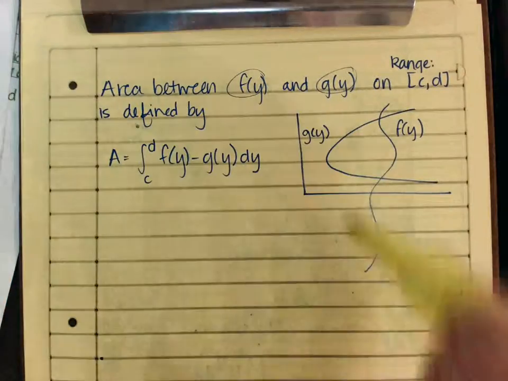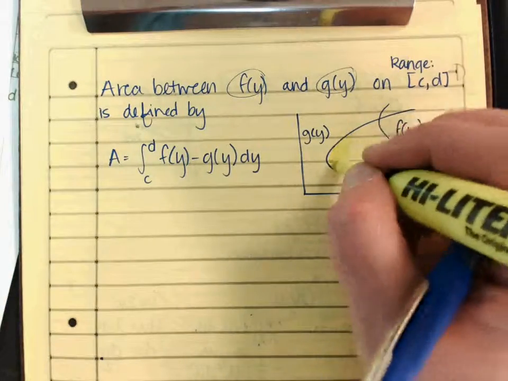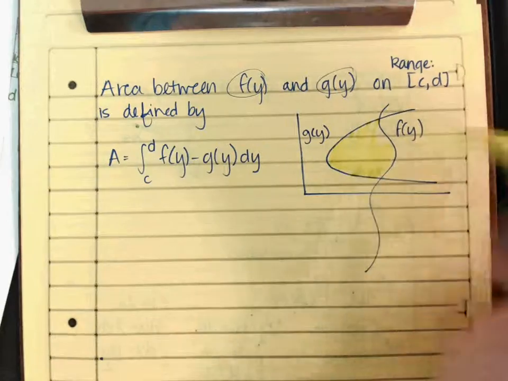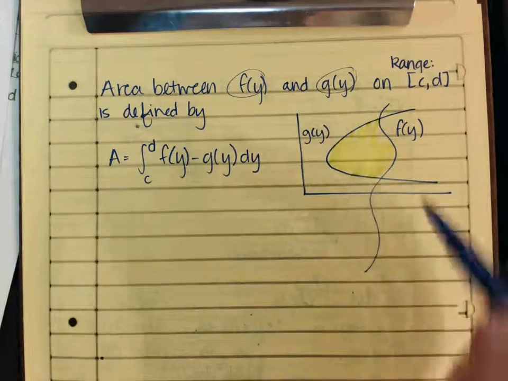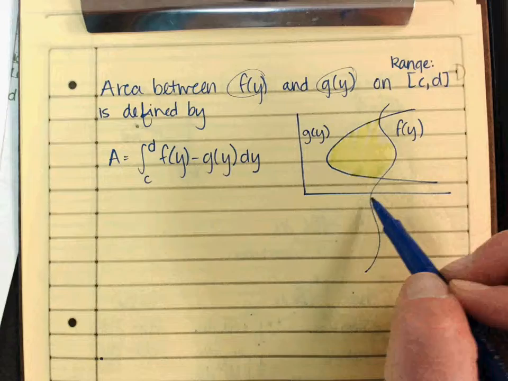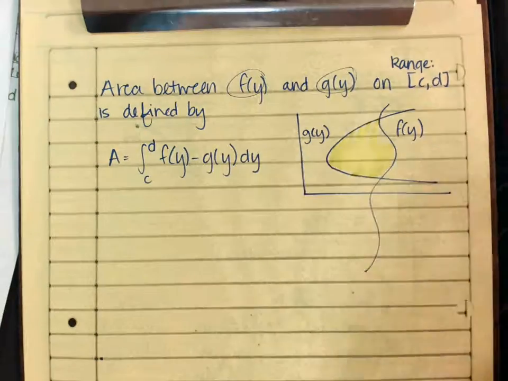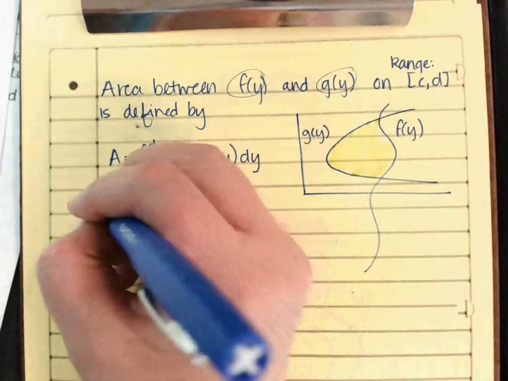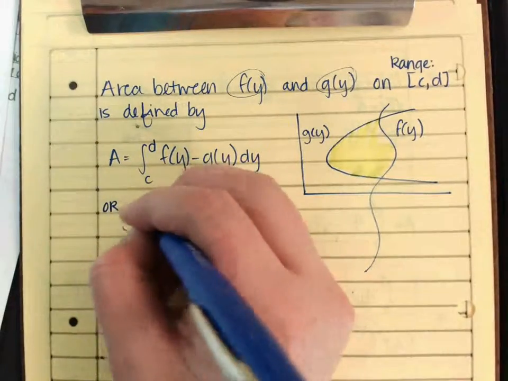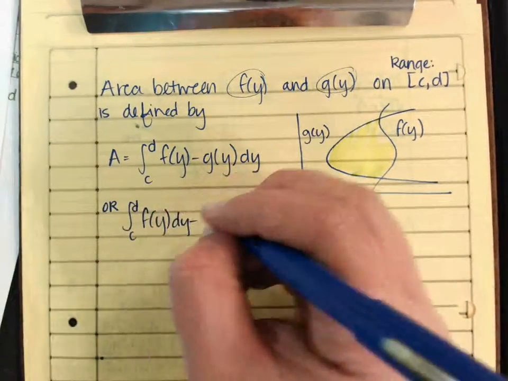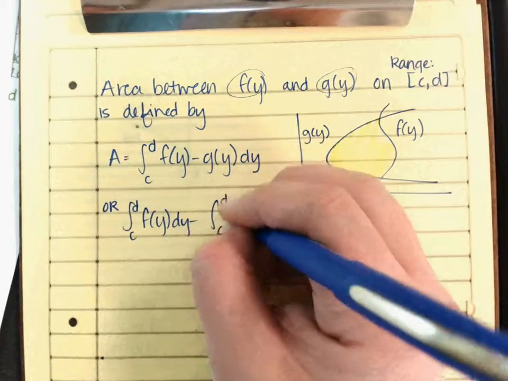So then my area in this case is still trapped between the curves, but you'll notice that it just looks different because instead of your functions being with respect to x, they're functions with respect to y, which means that they're going to pass the horizontal line test but not the vertical line test. Okay, so then keep in mind you're also allowed to still split these up. C to d of f minus C to D of g.